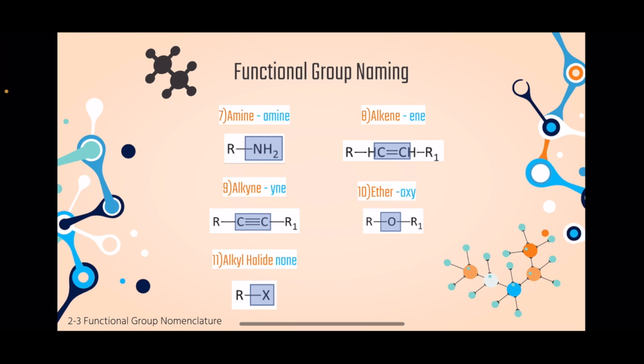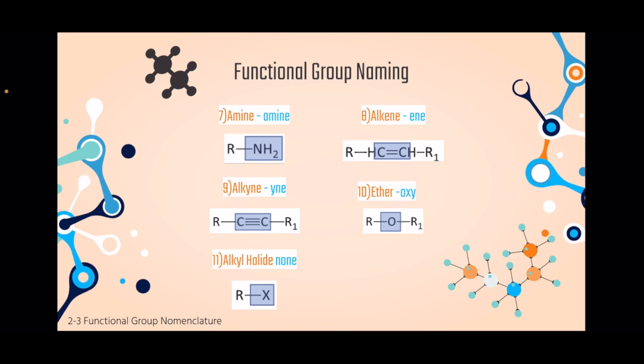Amines are similar to amides, except they do not have the double bonded O, so it's just an NH2 group bonded to any R group, and it ends in -amine. Alkenes are a double bond between any two of the carbons in the carbon chain, which changes the suffix to -ene. Similarly with alkynes, it's just a triple bond between any two carbons in the chain, and it ends in -yne.